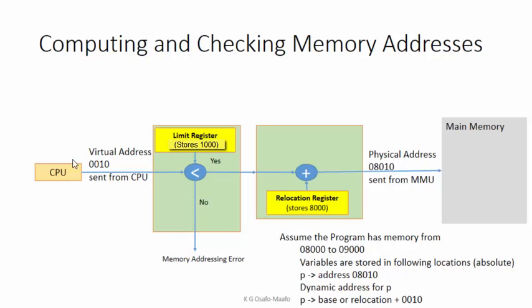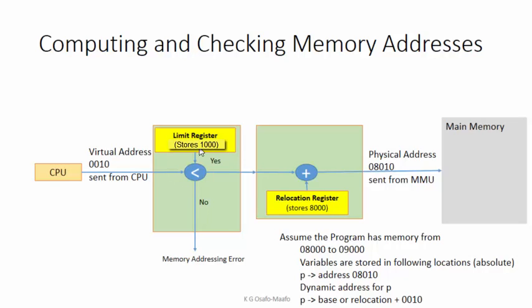So if you're doing any computation, you check against the limit to make sure that you are within range. If you're within range, you're good to go, and it will then add the relocation. If you've gone beyond the limits, then you have an addressing error. This is the simplest approach.